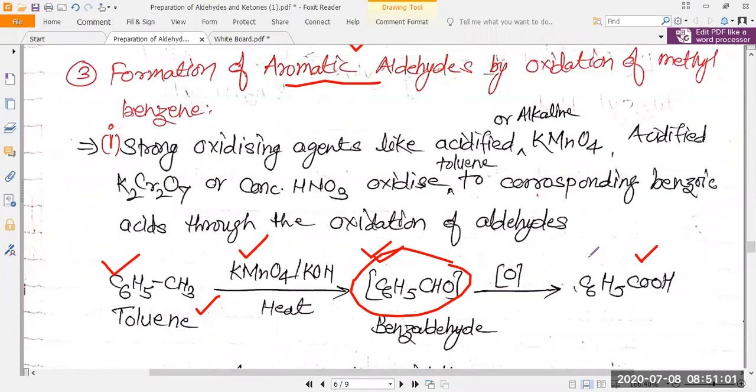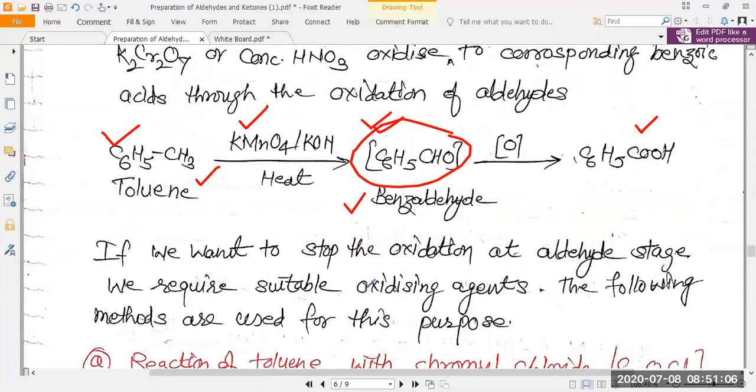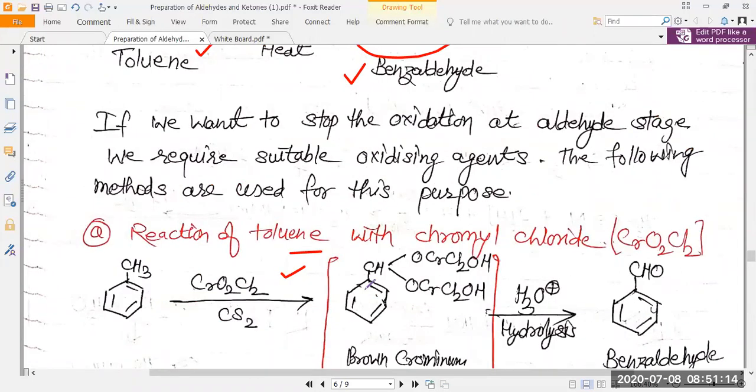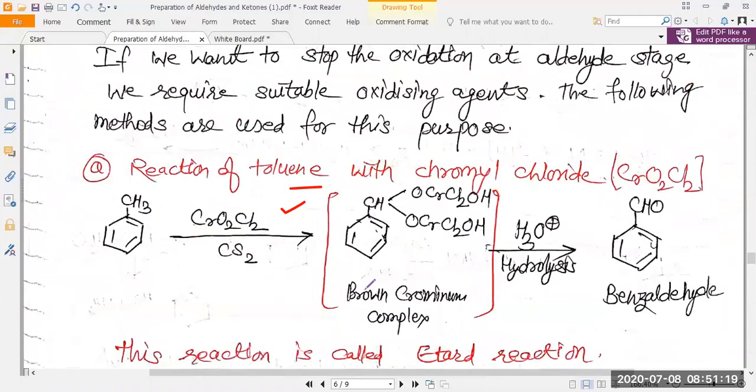So to stop this reaction at the benzaldehyde stage, we have to take some specific oxidizing agent. Now we are going to discuss the oxidizing agent that we take in these reactions. This is toluene, and when toluene reacts with chromyl chloride, the formula of chromyl chloride is CrO2Cl2, in the presence of carbon disulfide.